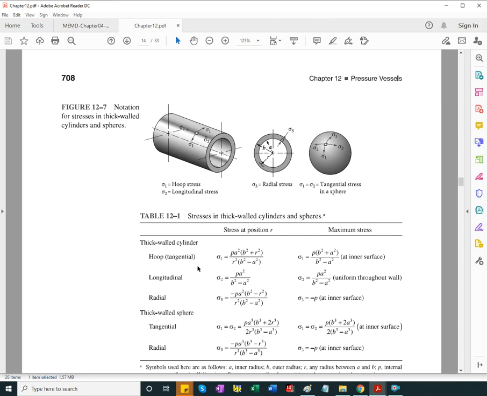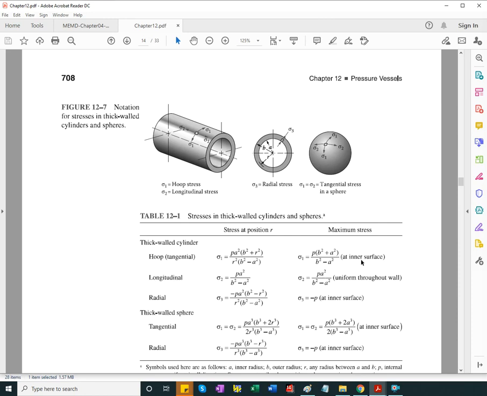And then the equations, the first column of equations gives you the stress at any radius between A and B. And as you can see, the hoop stress is a function of R. Longitudinal stress is not a function of R. Okay, and then the maximum stress for longitudinal stress is the same even throughout the wall.